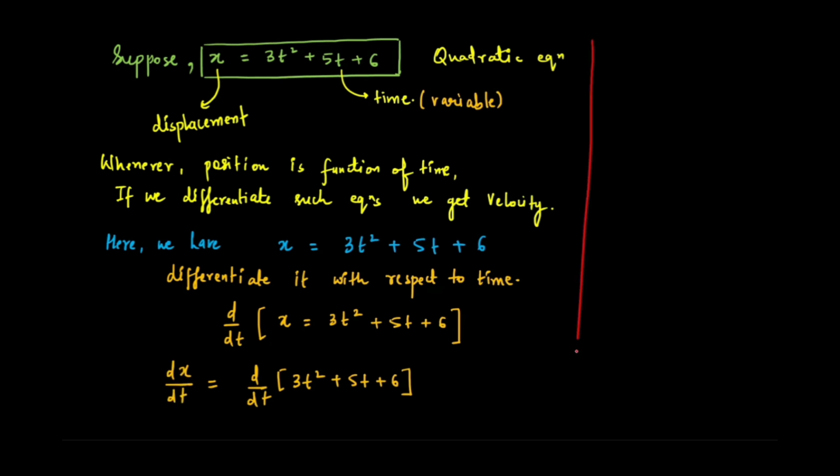Let us simplify it. To the next page, I guess that is going to be much better. So dx by dt is something which is velocity, so I can write velocity here also. The equation was 3t square. So how am I supposed to write d by dt of 3t square?